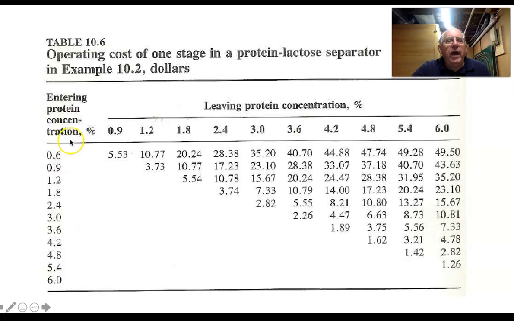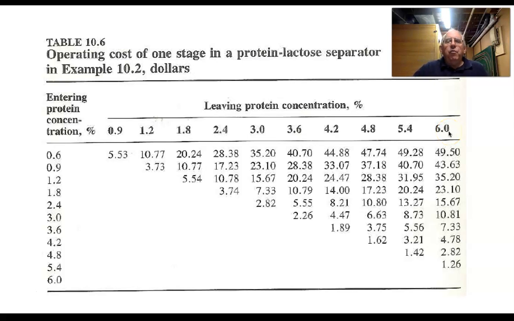Depending on the entering protein concentration, which is along the y-axis, when we come in at 0.6 to a stage, there's an operating cost for converting that flow into a higher percentage protein. And the higher percentage proteins that one can effect are 0.9, 1.2, 1.8, all the way up to 6.